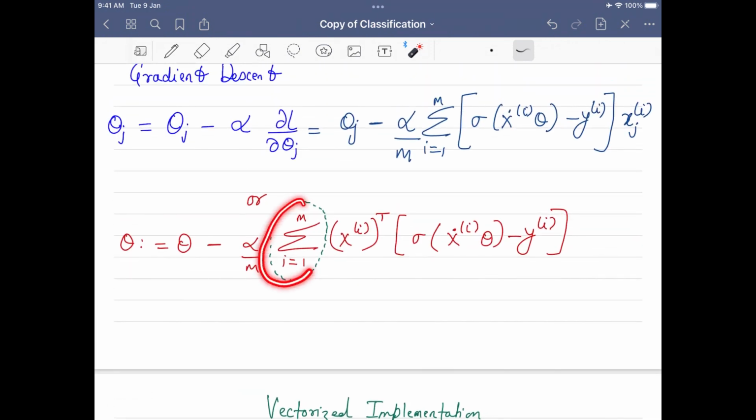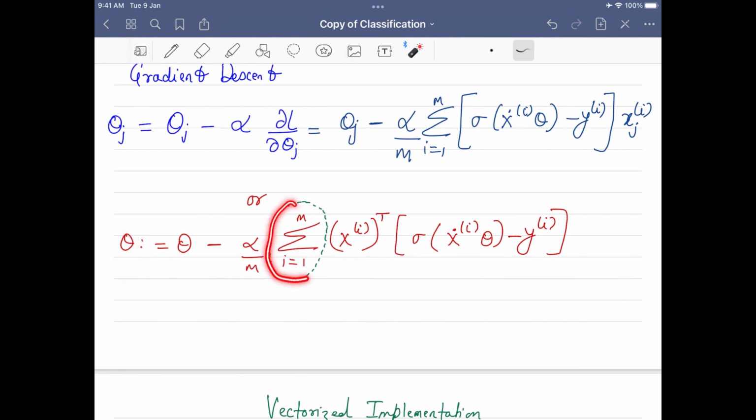This factor is actually creating trouble, because your summations are running from 1 to m. If you recall, m is very large in datasets. In practical datasets, there will be a million images or a million samples. So the problem is you have to sum these million samples, and only once you sum them up will you get the value of theta.